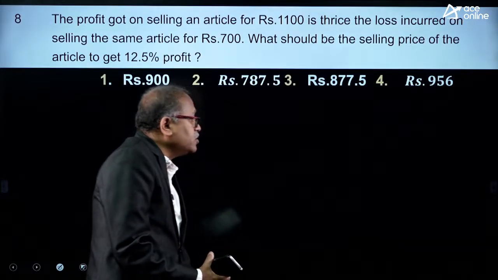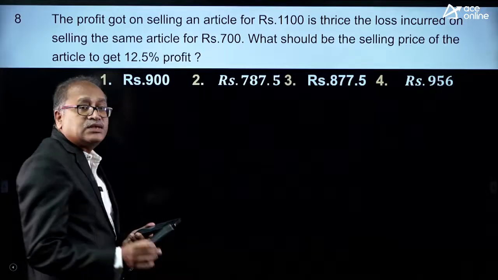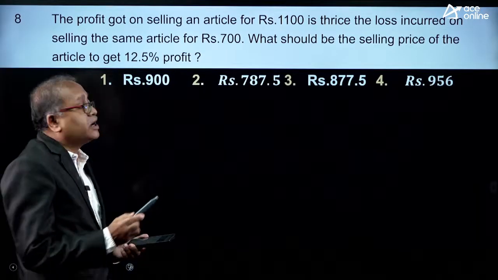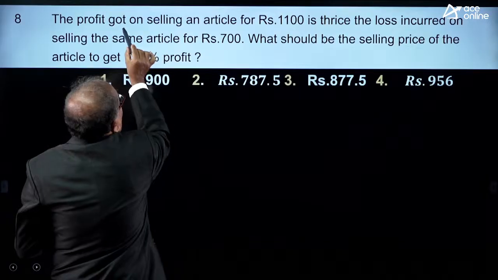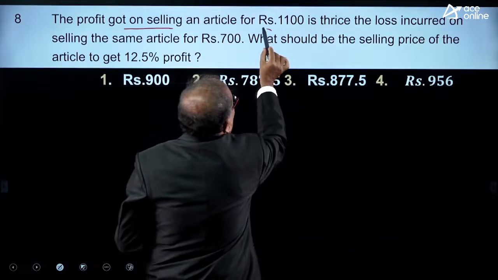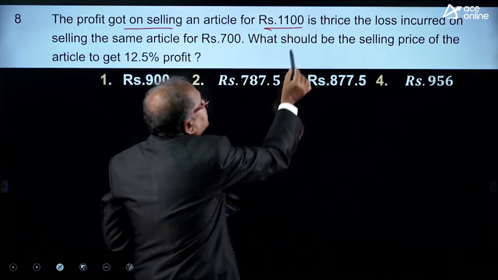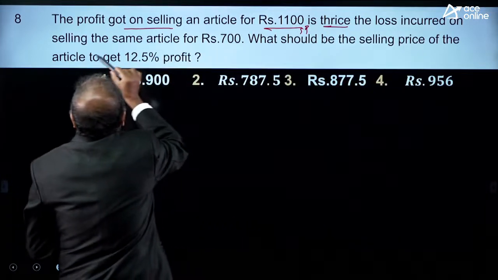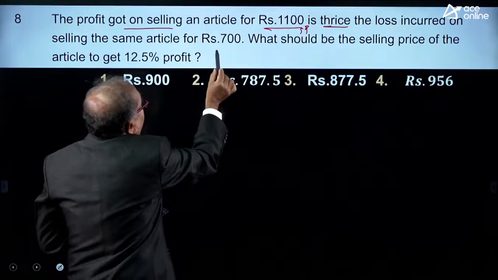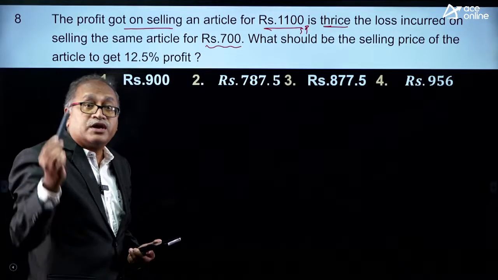Are you comfortable writing the least things and arriving at the answer? So the profit got on selling an article for rupees 1100 is thrice the loss incurred on selling the same item for rupees 700. Thrice.